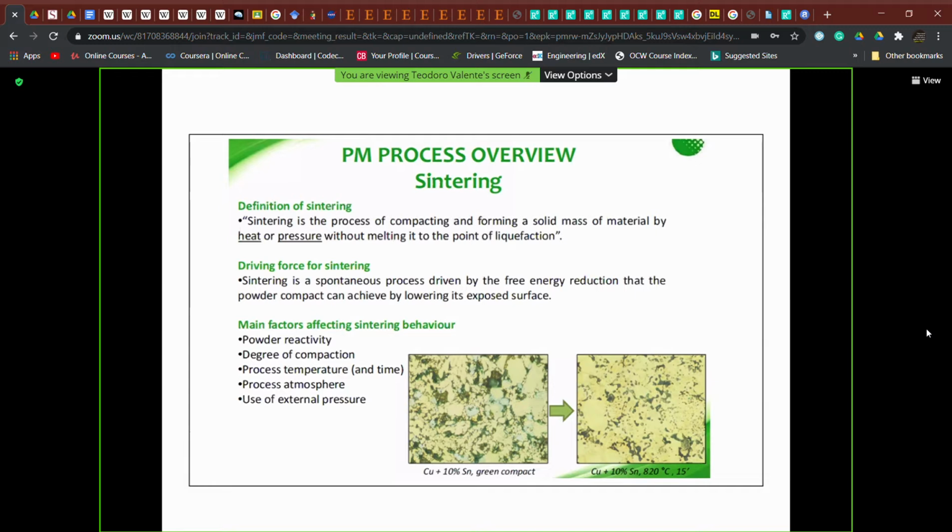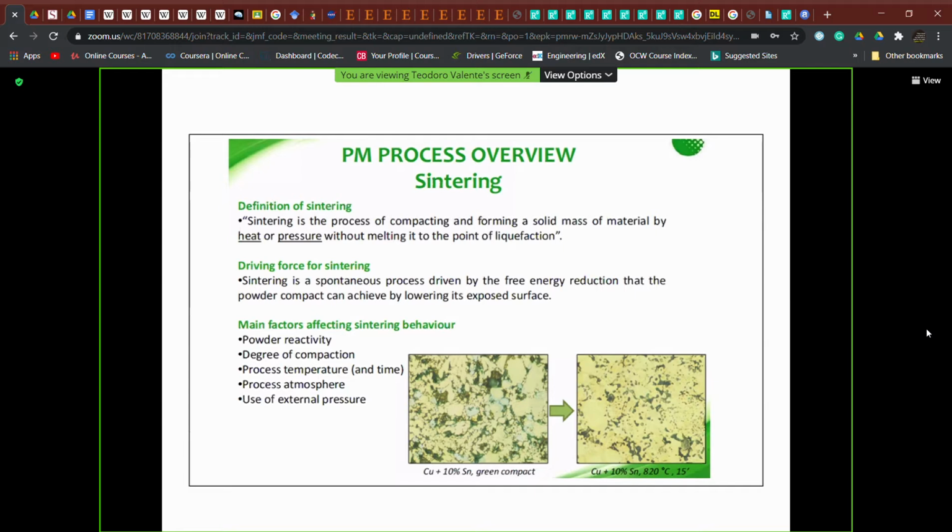Many factors can affect the sintering behavior of a powder: pure powders or alloyed powders, the powder reactivity, the degree of compaction, as we said, and obviously temperature and time of the process, and the application of pressure during sintering. This is not mandatory, but usually it is done because the production cycle time can be shortened.